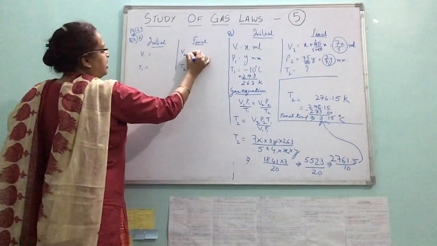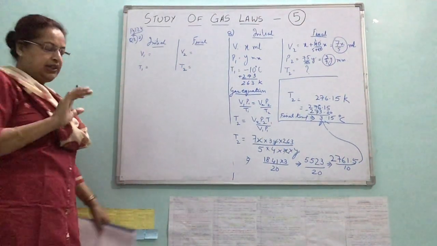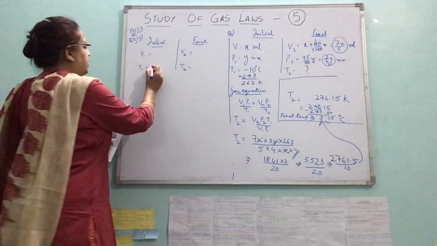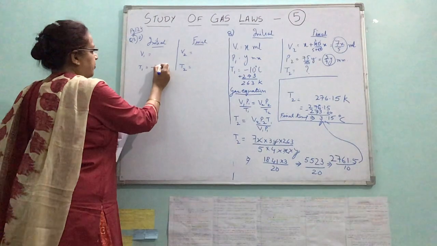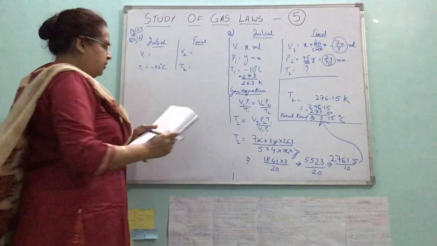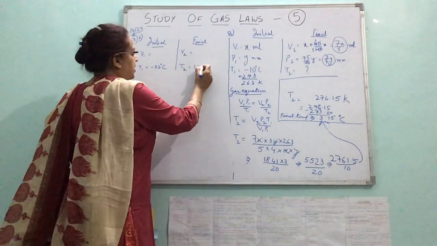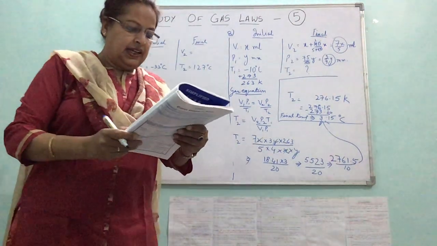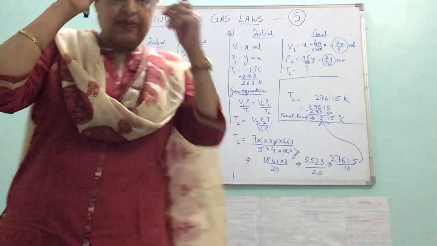First and foremost, I'll just put the values and then we'll see what is to be done. A gas is at minus 33 degrees centigrade, is heated to 127 degrees centigrade. Find the percentage increase in the volume of gas.